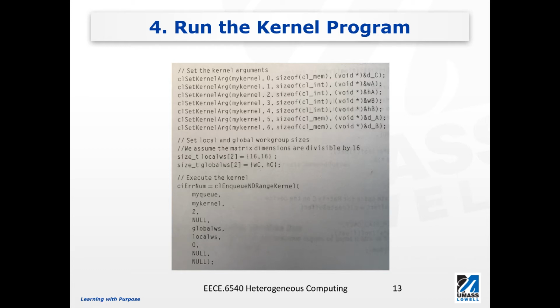In our example of matrix multiplication, we actually need 7 of these arguments to be set up properly. The first argument is the destination buffer or the resulting matrix, which is the buffer C. It's spelled differently here, but you know this should be the buffer C we created. Following that, we have the size of these matrices, A and B, the width and height of these matrices, and then we have the 2 input matrices.